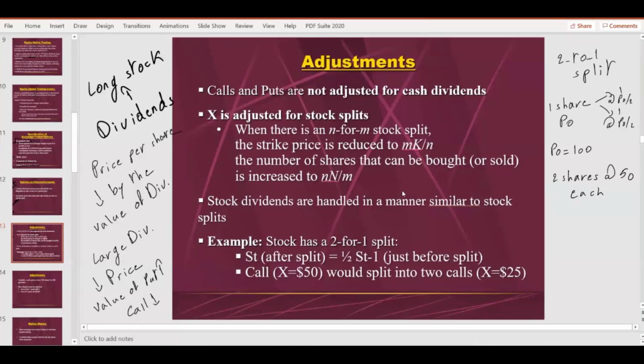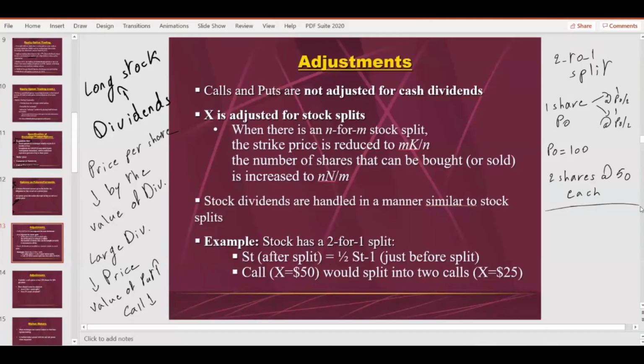Yes, so now the adjustment is similar to what's happening with the stock. For the options in general, the option initially covers 100 shares. So each contract covers 100 shares. In case we had a 2-to-1 split, and initially this is the strike price X, before the split.